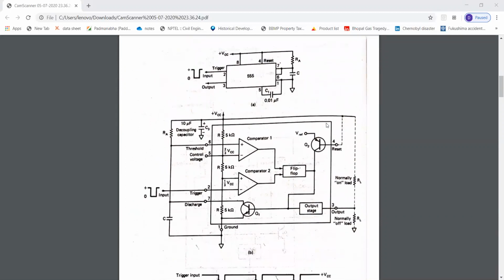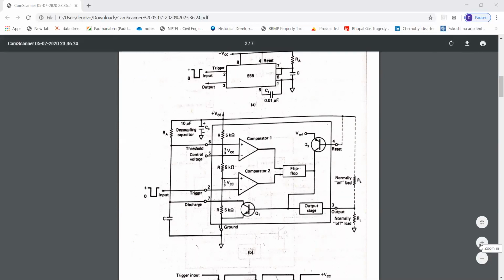Now coming to the operation of the circuit, initially the output is low, meaning the circuit is in the stable state. In the stable state, the transistor Q1 is on and the capacitor is short circuited to the ground.